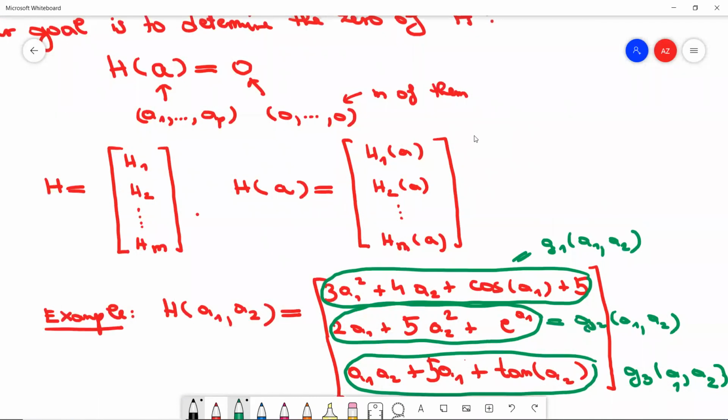Okay, yeah. I should write here G1 and GM. Yeah, I used a different notation. Yeah, it's the same. I will just write here H1 is equal to G1. Okay, thank you.